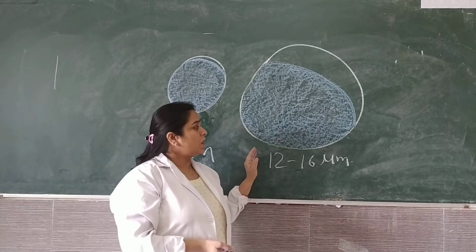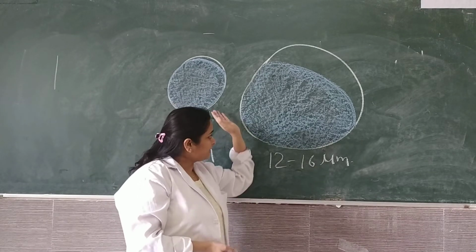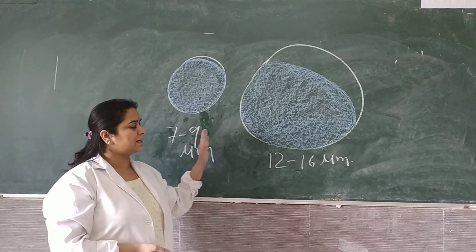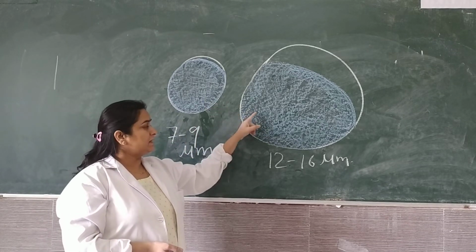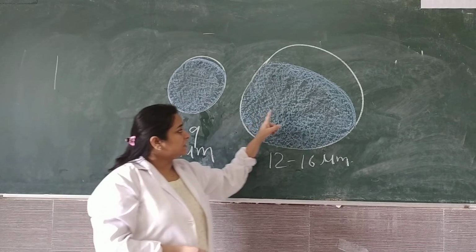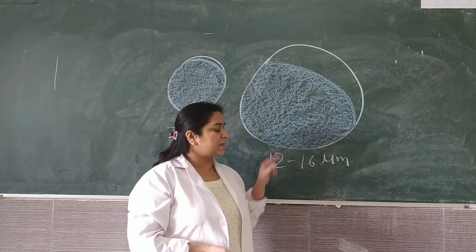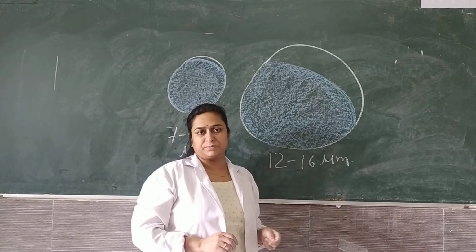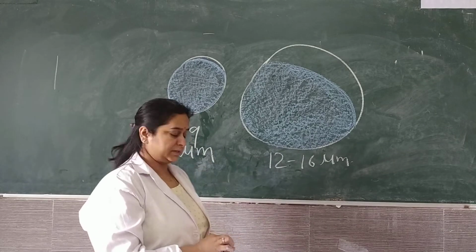Large lymphocyte is almost double the size of small lymphocyte, and the nucleus and cytoplasm ratio is 80 to 20%.